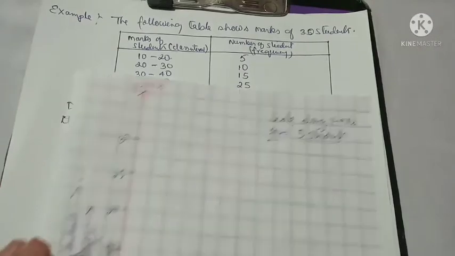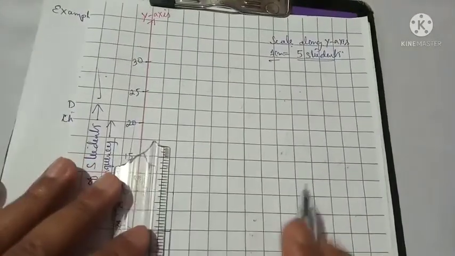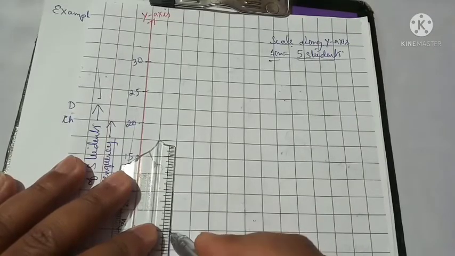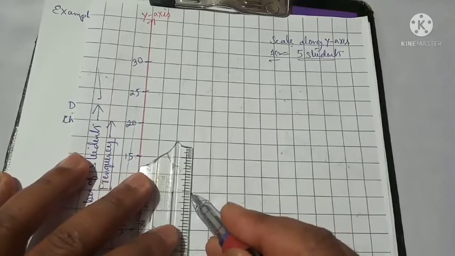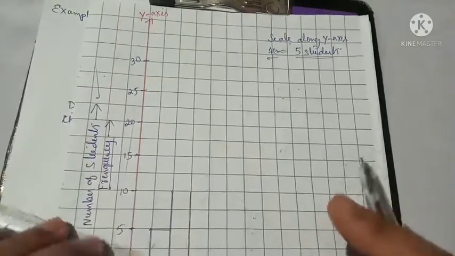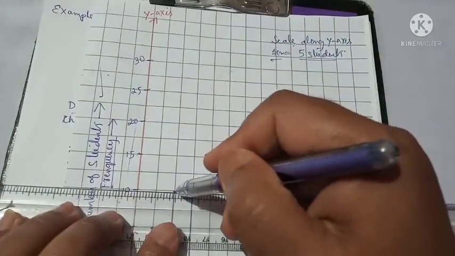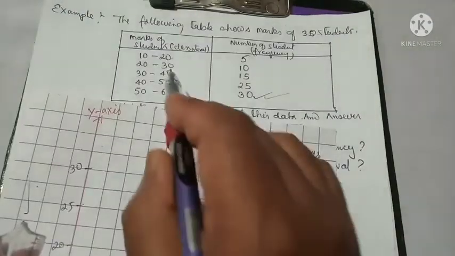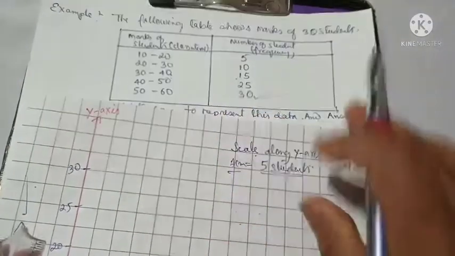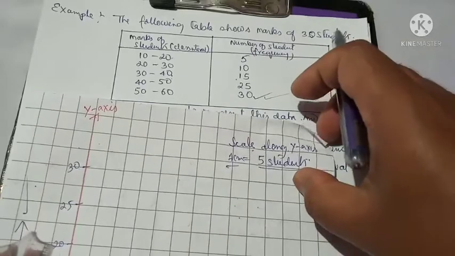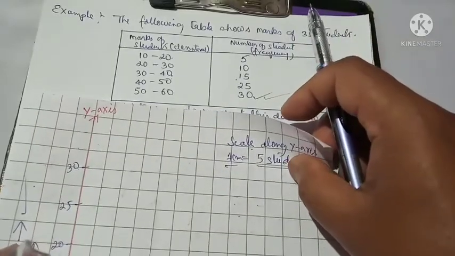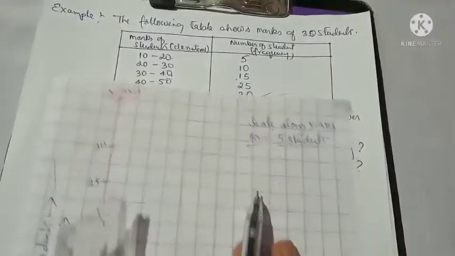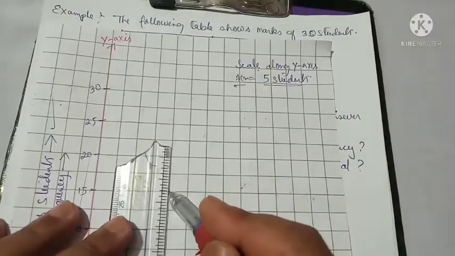There is no gap between the rectangles; the bars have to touch each other. So we draw up to 10: 10 students got 20 to 30 marks. The next one is 15 students who got 30 to 40 marks.